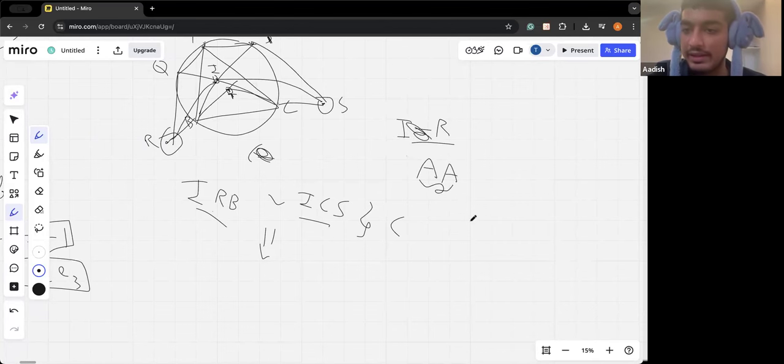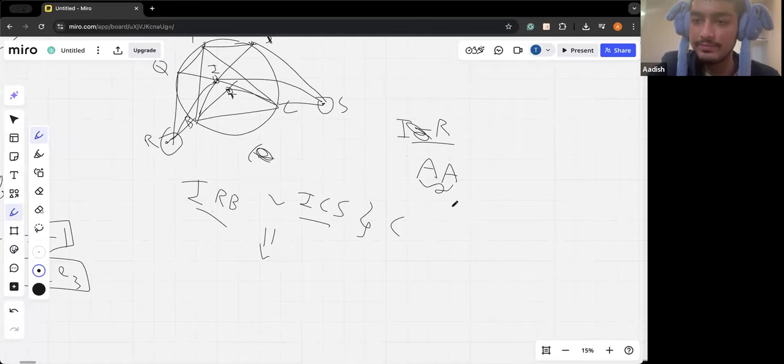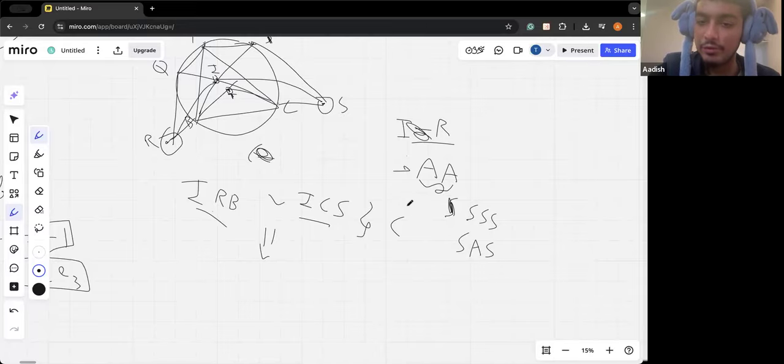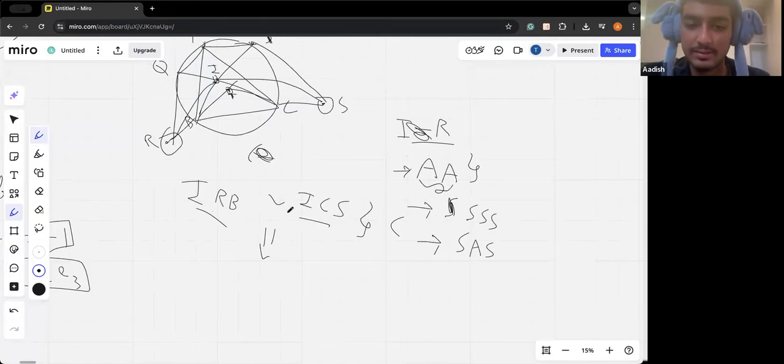What other similarity criteria are there? We have SSS, where the ratios of sides are equal, and SAS, two sides and the angle between them. These are the three ways to prove triangles similar. Using angles in complex numbers is bad because how do you get them?